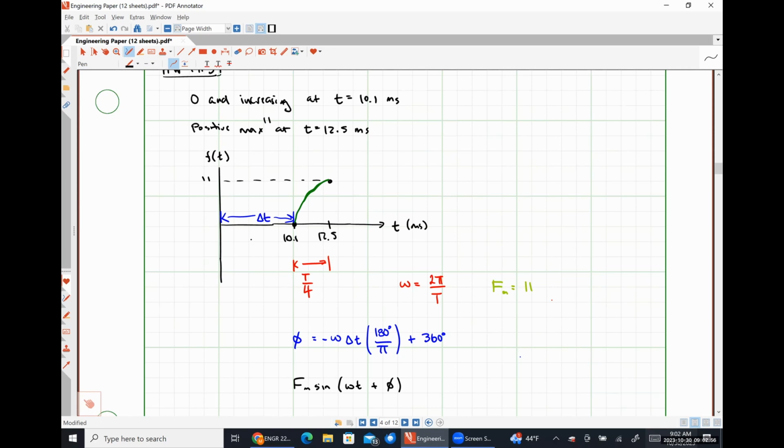The period that I get is 9.6, which means it's 10.1 minus 9.6, over here at positive 0.5 is where one full cycle starts. And so you're going to have an aggressively large phase angle, like you might have to add 360 because of where yours started from.